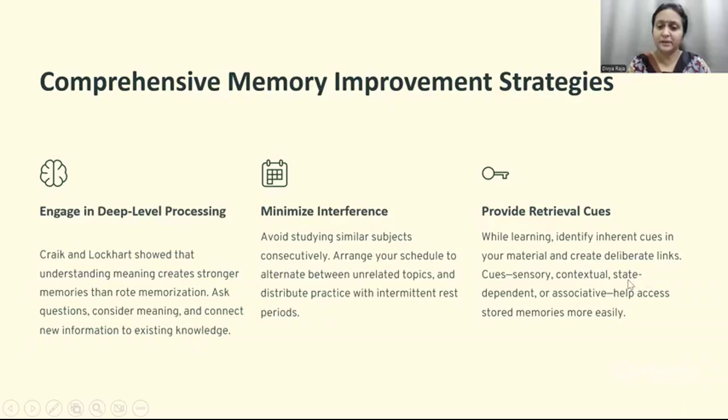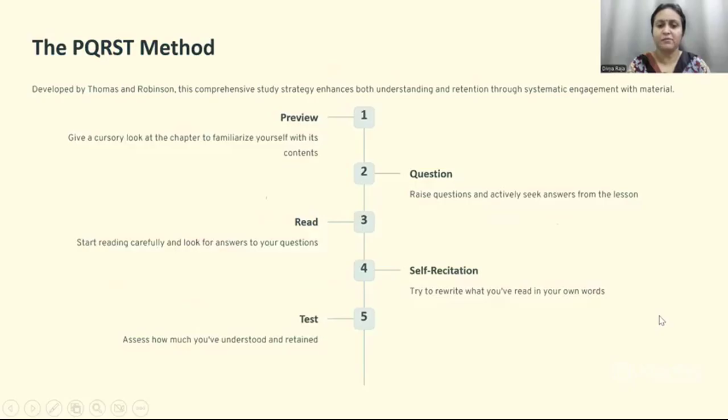Then there are state dependent cues, our internal state, whether we are happy, sad, angry. That also matters in how much we are able to recall. And there are associative cues, how we associate what we are thinking of learning to what we already know. So all these types of cues help to access stored memories more easily.